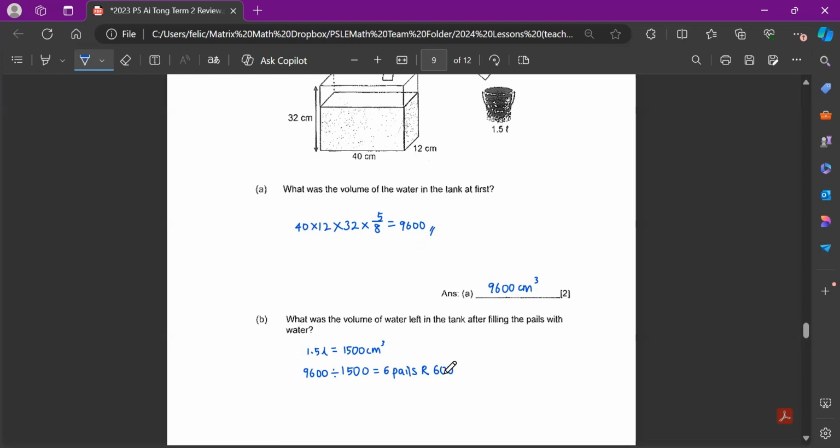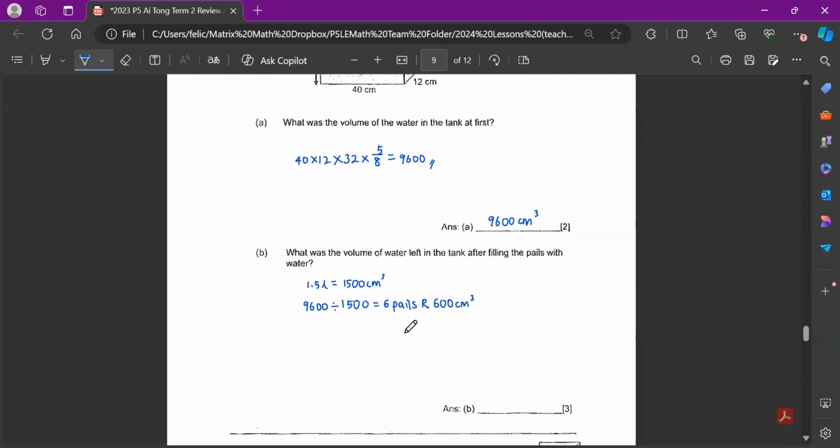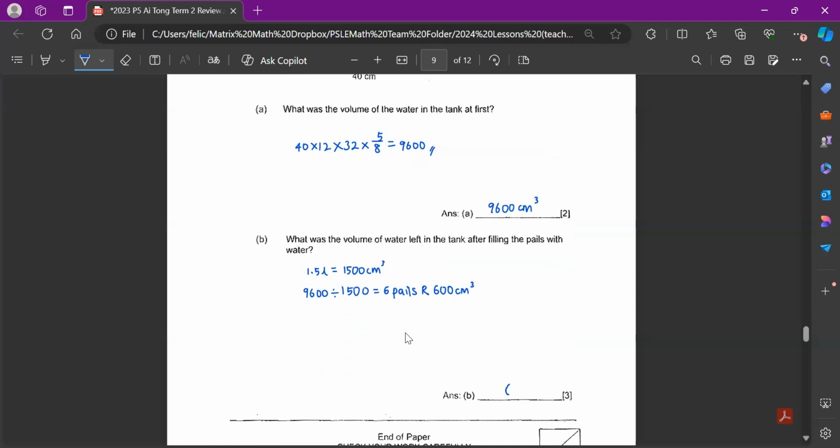This remainder will be the remaining volume of water left in the tank because 9,600 is cm3 of water. So this 600 naturally also is cm3. So the remainder units always follow the first answer. First number is cm3, remainder will be cm3. First number is cubes, remainder will be cubes. Something like that. Okay, so this is the leftover. So there you go. You have answered the question. The water left in the tank is actually 600 cubic centimeter.